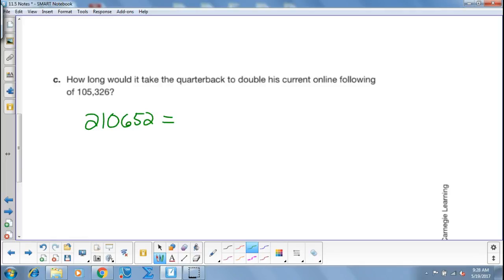Now what can I use for any month? Because I want to double it from here, from his current spot. So what's my starting value then? Right? Because my growth rate stays the same.